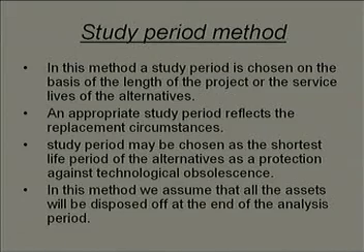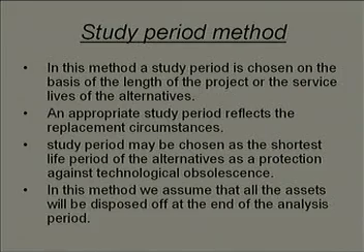If you take another example in which an equipment has a life of 5 years, another equipment has a life of 10 years, a study period would normally be taken as about 5 years, but in some situations the study period could be even lower than the life of the shorter alternative.